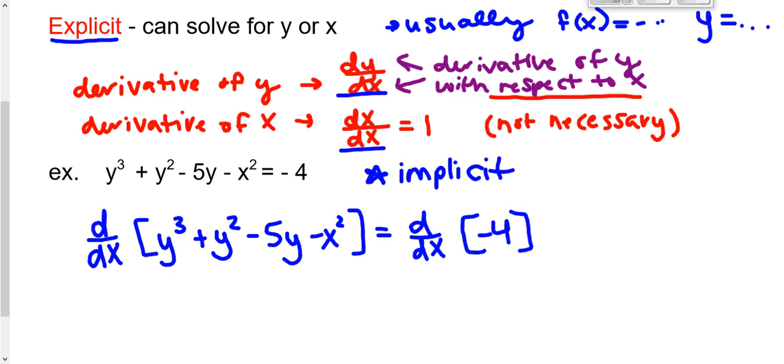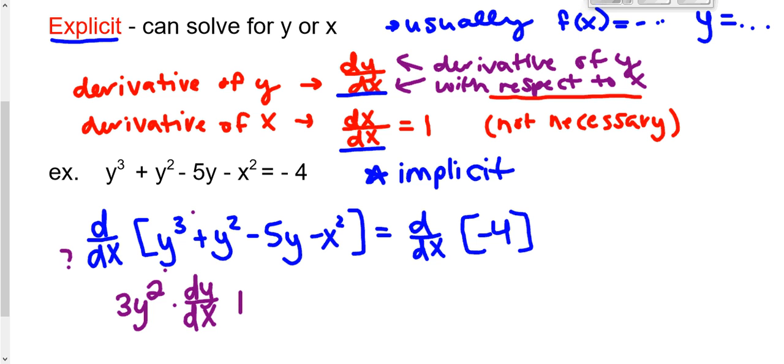So we have y cubed. We use our power rule and get 3y squared. What did we take the derivative of? We took the derivative of y, so dy with respect to x. We're going to write that every time we take the derivative of y.